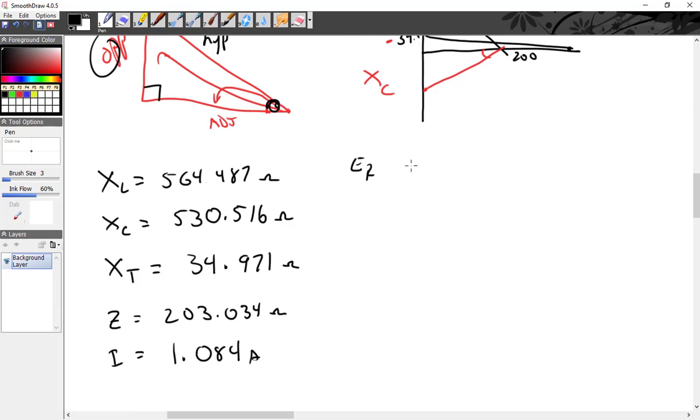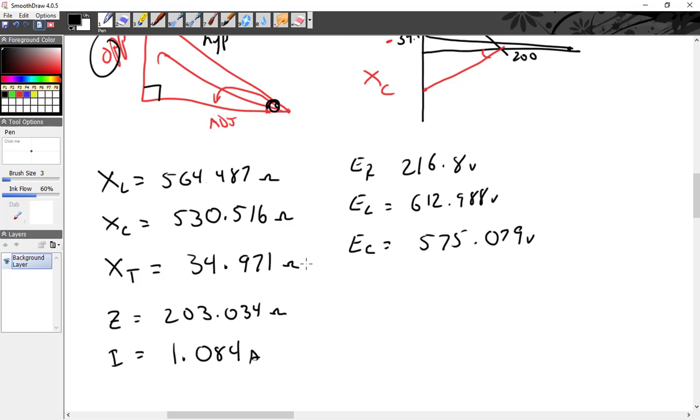E of R is 216.8 volts. E of L equals 612.988 volts. E of C equals 575.079 volts.